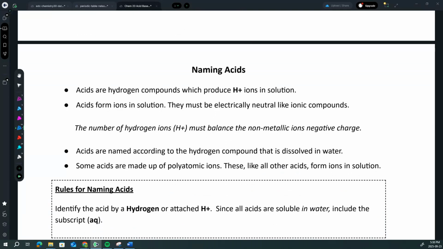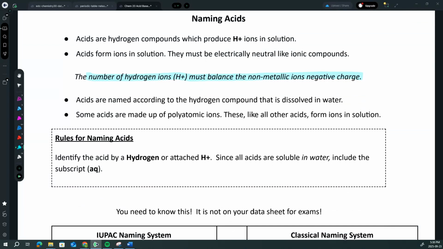So they must be electrically neutral, like ionic compounds. So what this means is if you're trying to figure out how many hydrogens you should put in your chemical formula for your acid, what you need to know is that the number of hydrogen ions must balance whatever your non-metallic ion's negative charge is, which we'll get into in a little bit here.